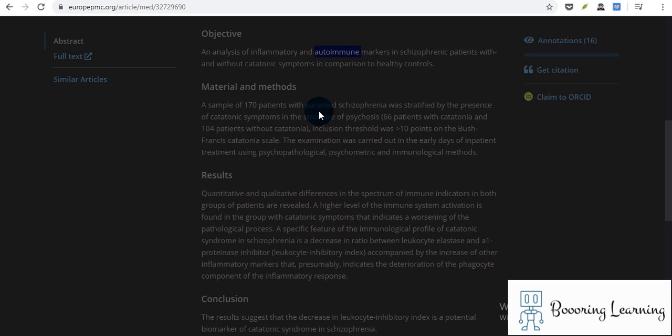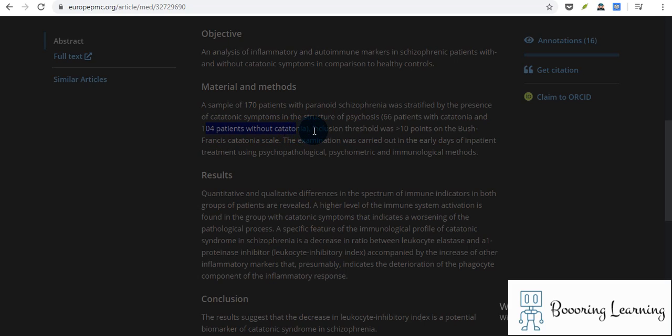170 patients with paranoid schizophrenia were stratified by the presence of catatonic symptoms in the structure of psychosis. 66 with catatonia, 104 without catatonia. Probably they have a different type of schizophrenia disease.